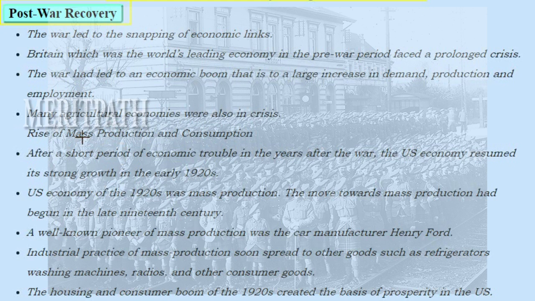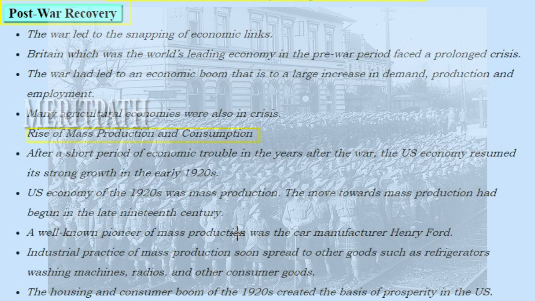The rise of mass production and consumption. After a short period of economic trouble in the years after the war, the US economy resumed its strong growth in the early 1920s. The hallmark of the US economy of the 1920s was mass production.